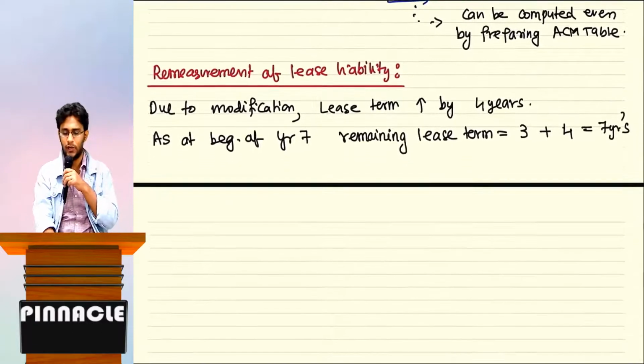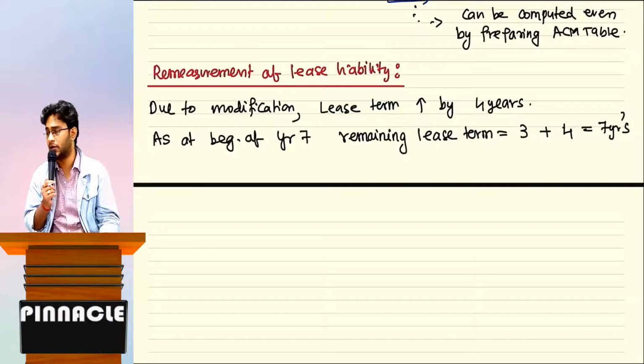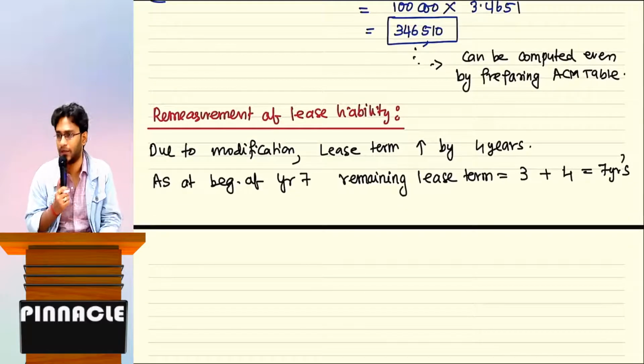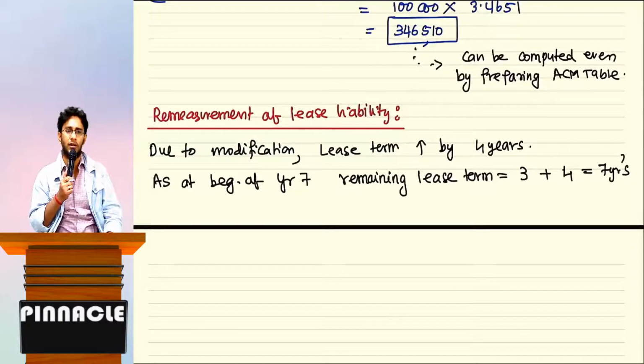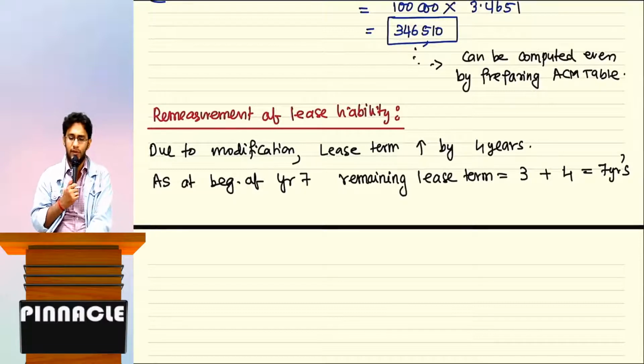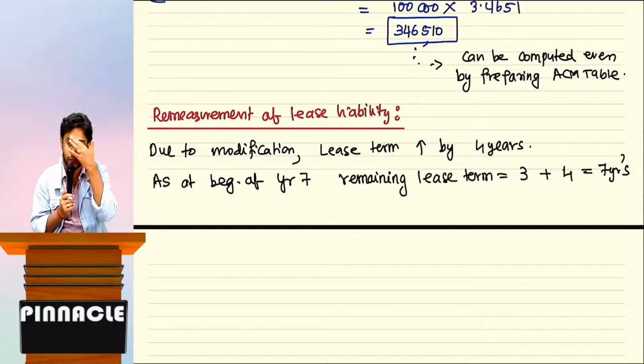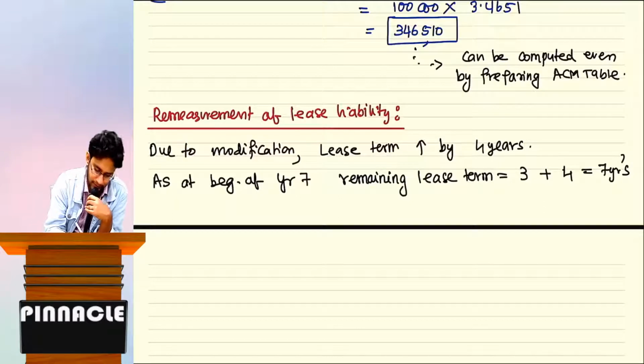I hope you are understanding how 3 came. What is 3? In the original contract, remaining 3 and freshly negotiated another 4. Overall 7 periods is left. Our 7 periods of rents discounted to today, that should be the new lease liability.